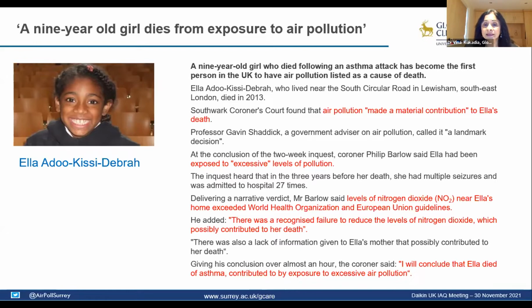And basically, the Southwark Coroner's Court found that the air pollution made a material contribution to Ella's death. So I think that really brings it home to us as to why air pollution, air quality is really, really important, and why it's important to reduce air pollution in our environment, both outdoors and indoors.